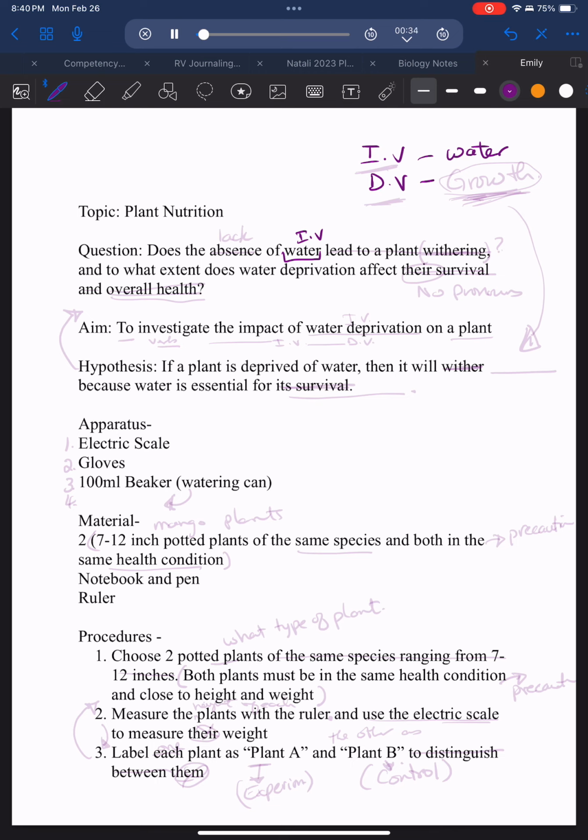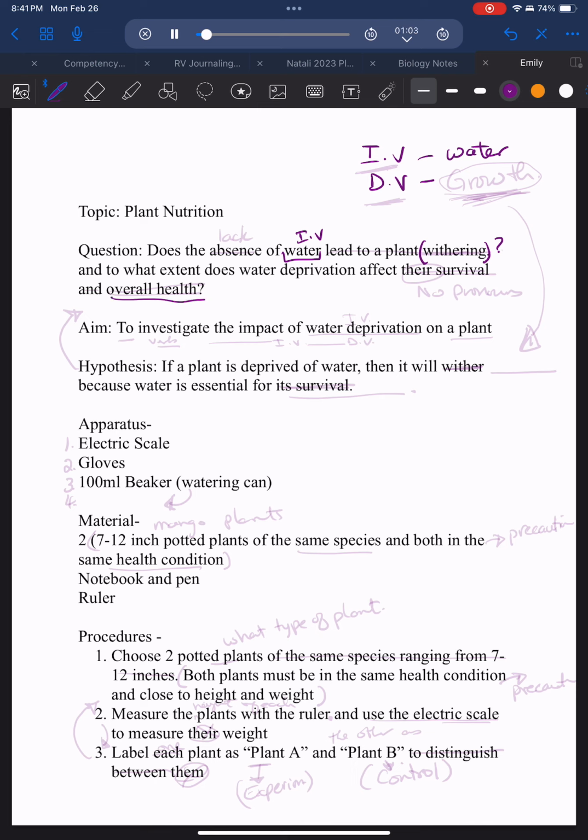So the dependent variable, you have several of them, but I want you to focus on one of those dependent variables that you are able to measure. Can you measure withering? Is there a ruler, a meter, or something to measure with withering? I don't think so. I could be wrong, but I don't think so. How about overall health?